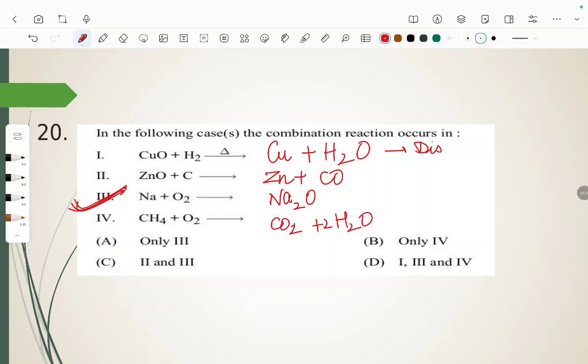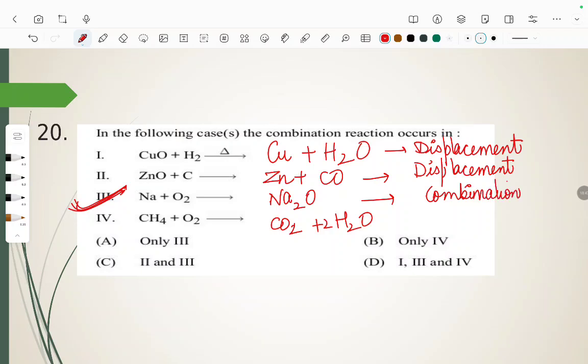First one is displacement. What about the second one? Displacement reaction. This is a combination in which two reactants combine to form a single product. What about the fourth one? Yeah, this is a combustion, we can say, or oxidation reaction. So what is the correct option here? Only 3. A option is correct.